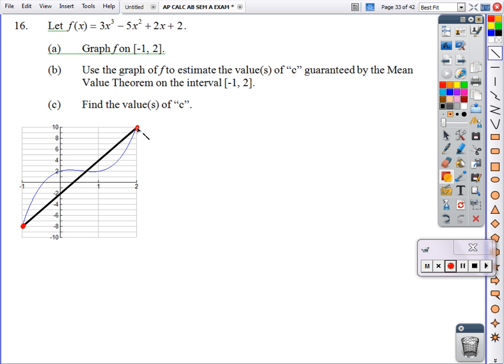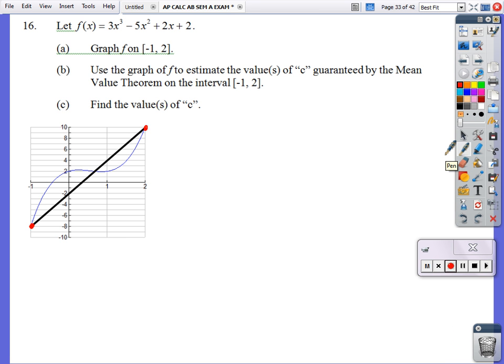Then the mean value theorem says as long as the function was closed, continuous, and differentiable on the open interval of -1 to 2, which because it's polynomial it definitely is, then I can find at least one place between the two endpoints where the tangent line would be parallel to the secant line.